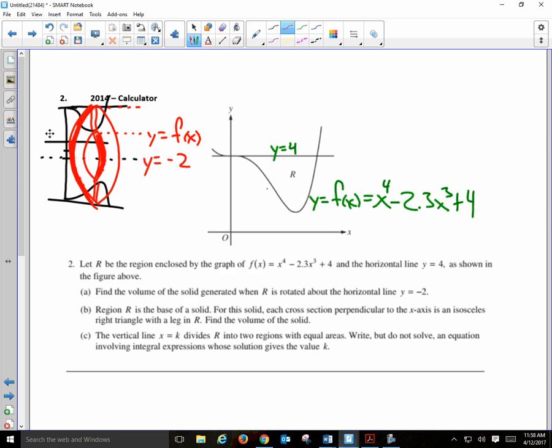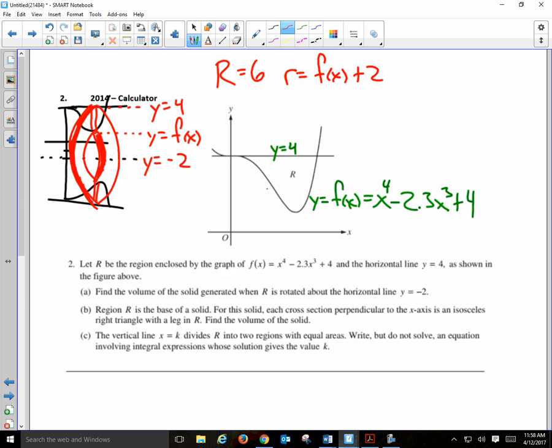Yep, y is f of x. What makes up the top of the washer? Y equals 4. So what is big R? 6. What's little r? F of x plus 2.